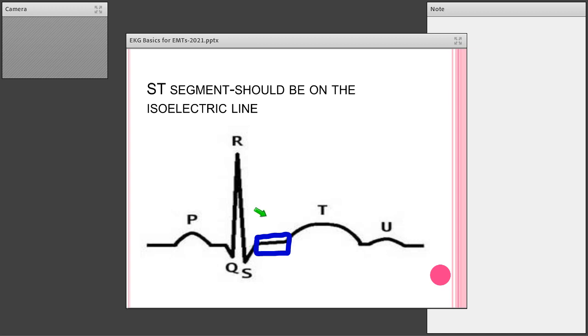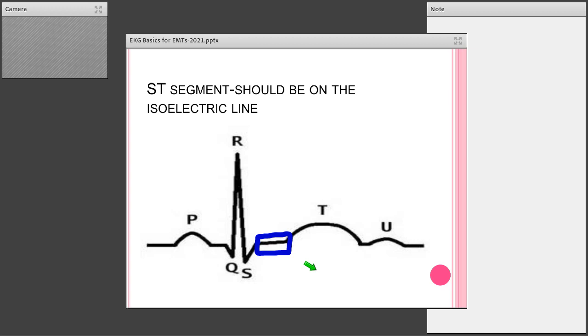What we're mostly looking at with the ST segment is, is it on the isoelectric line? So this here is the isoelectric line, and that's where it should be.